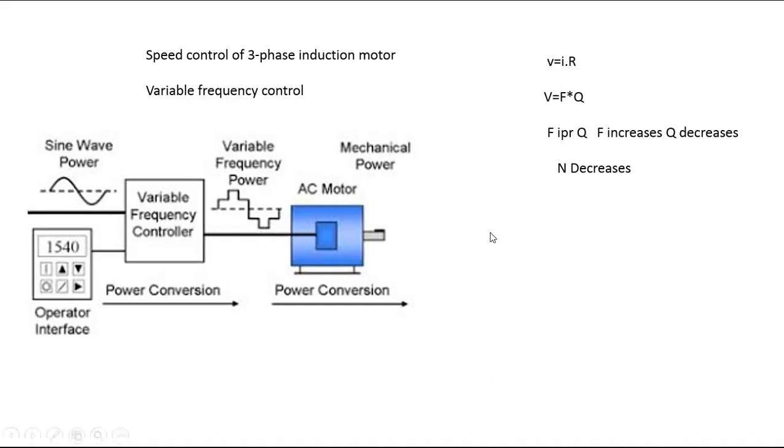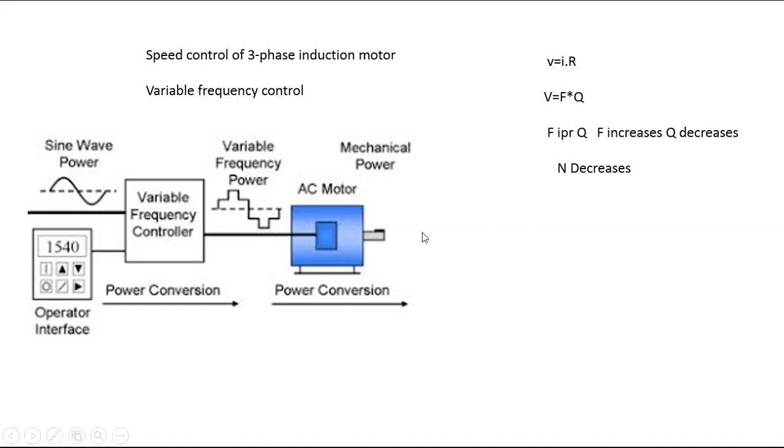Now case 1 we will take here. You must write this point. Case 1, at low frequency. When frequency is less, what's going to happen? Magnetic field is maximum, magnetic field increases. So with low frequency condition, magnetic field will be increasing.